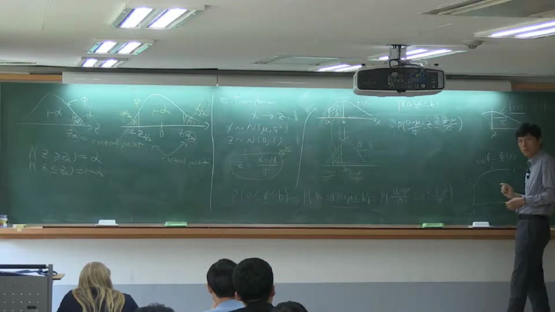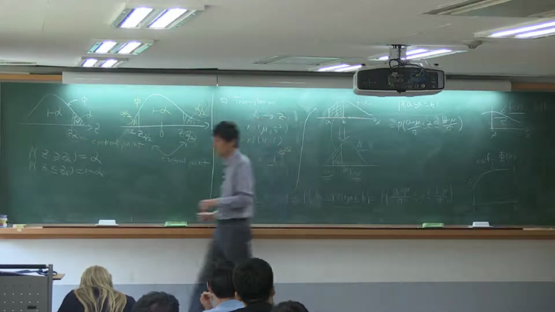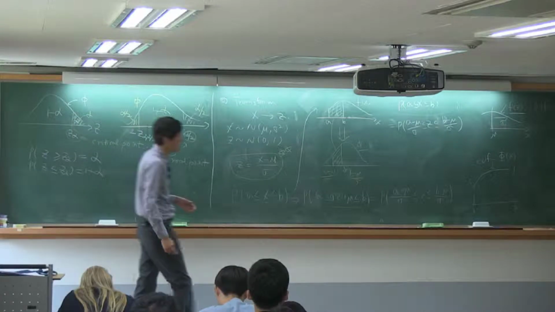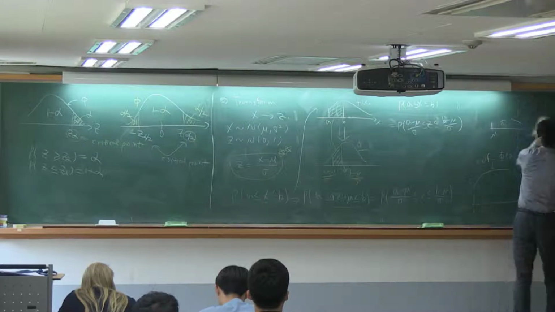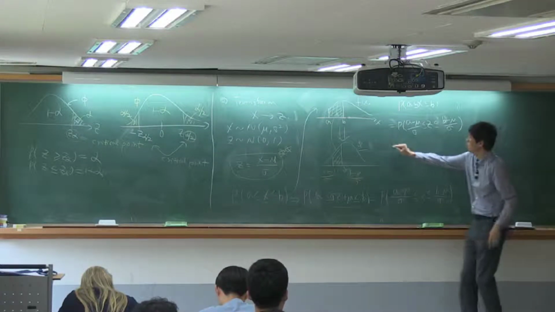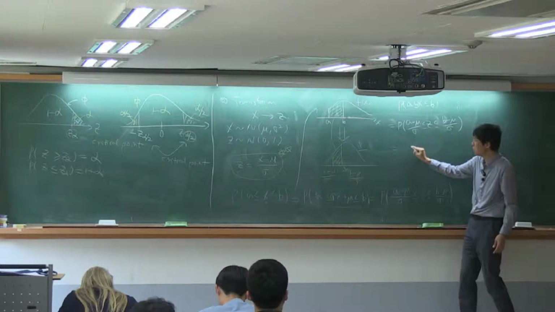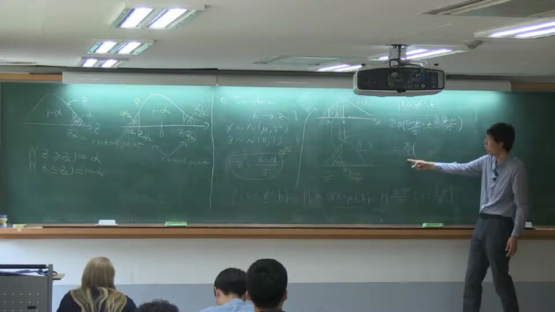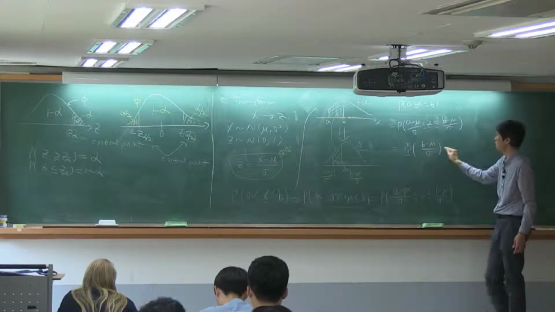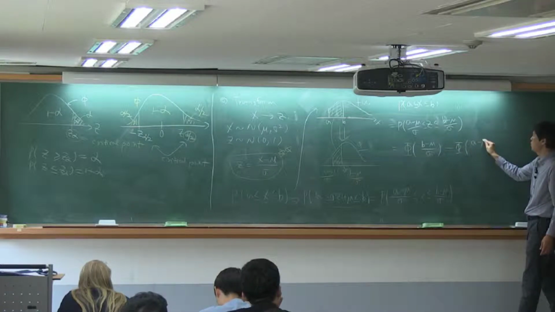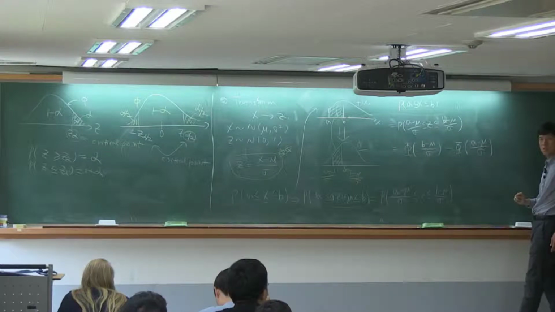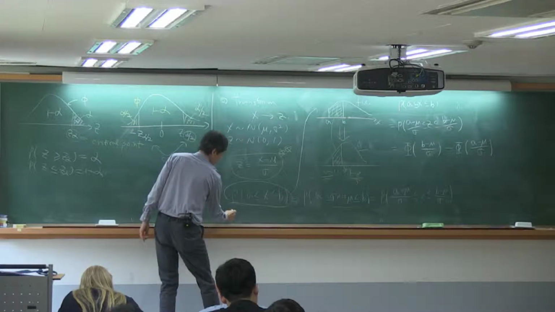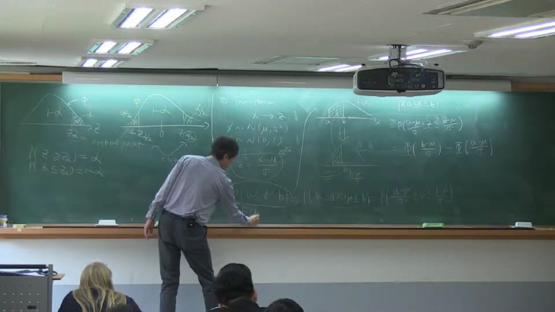Using the CDF of the standard normal distribution, capital Pi, this is Pi of b minus mu over sigma minus Pi of a minus mu over sigma. And for X, it is F, the CDF of X: F(b) minus F(a).